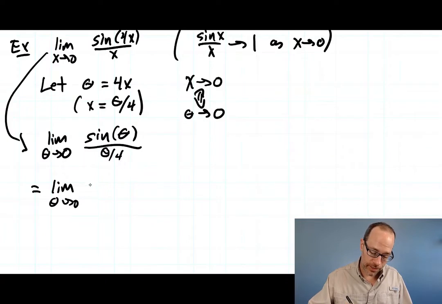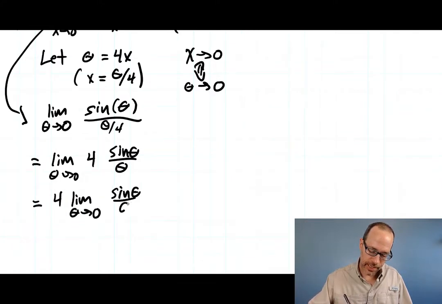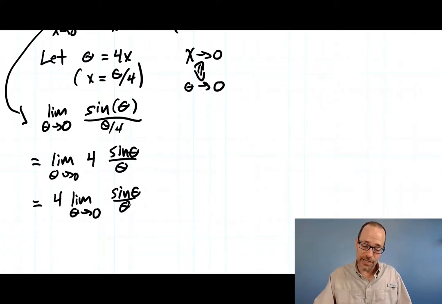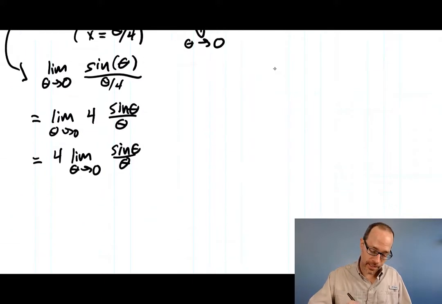The 1/4 in the denominator just is a 4. This is good news. Remember, constants, the 4, pull outside the limit. And we just have this, the limit of sine theta over theta. And that's exactly the thing we figured out up here. So that thing really is 1.